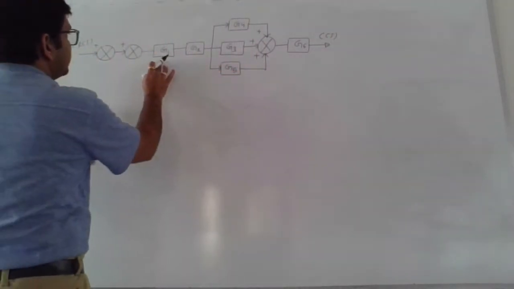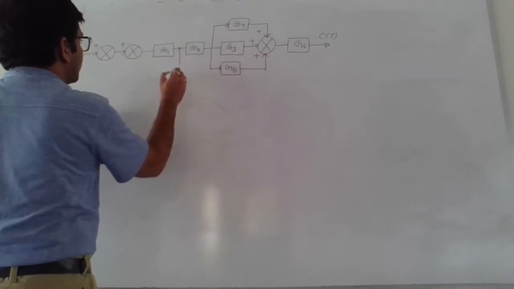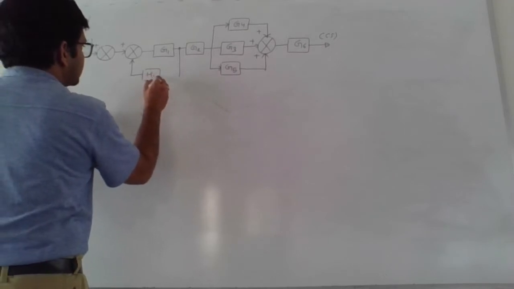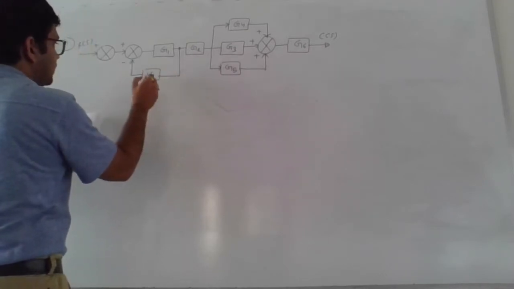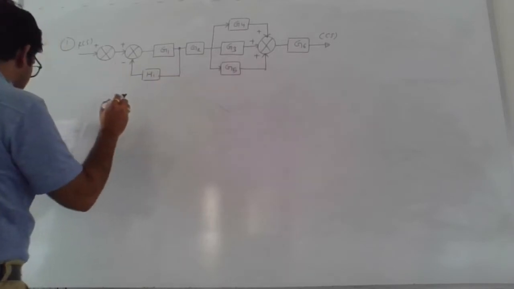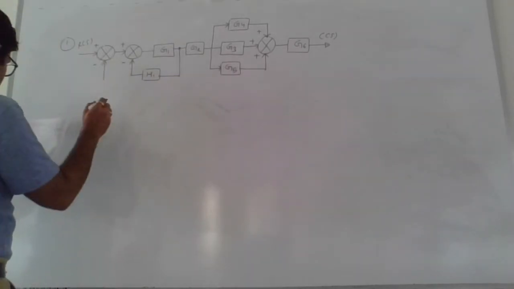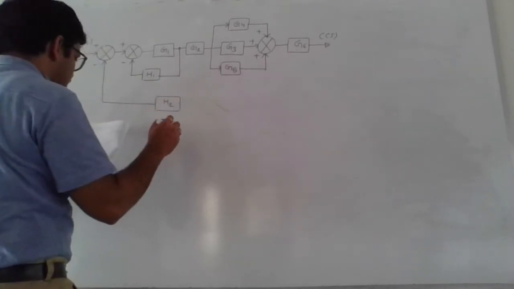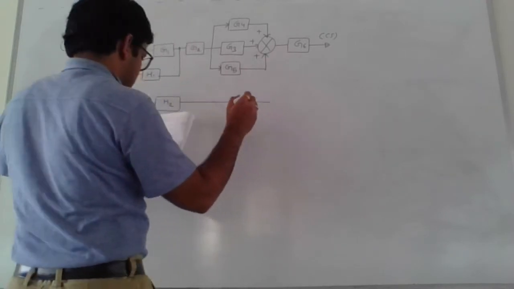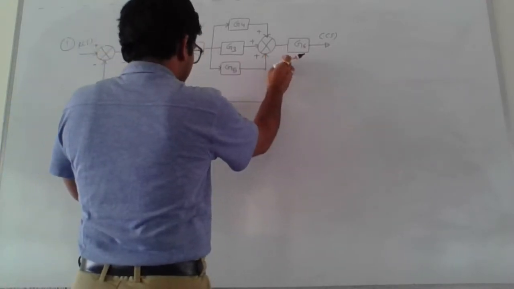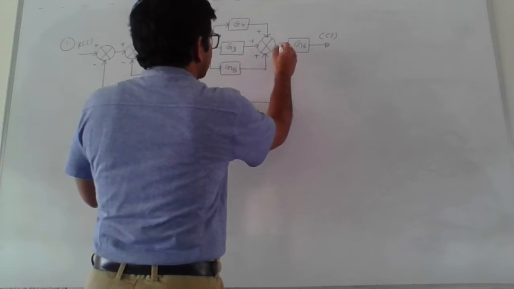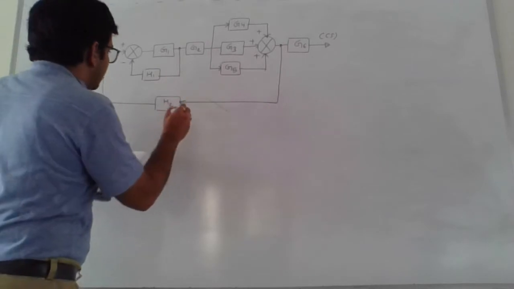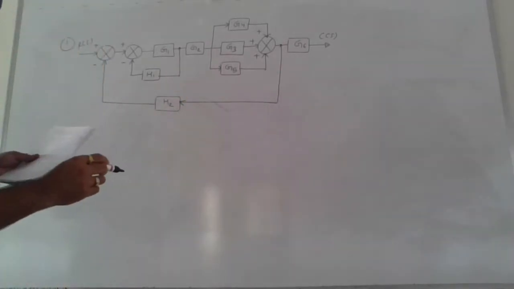And then in between first and second block we have a takeoff point which is basically used to take a feedback signal, and this H1 indicates the gain of feedback path with negative sign, and somewhere over here we are having minus sign, and this is H2 which is connected somewhere over here after this summing point and before this block gain G6, and the flow of signal is in this way.